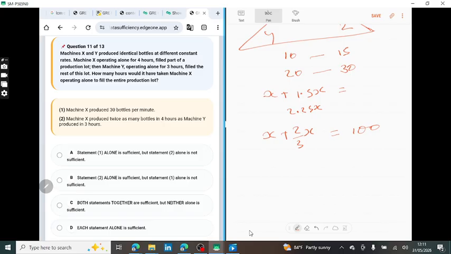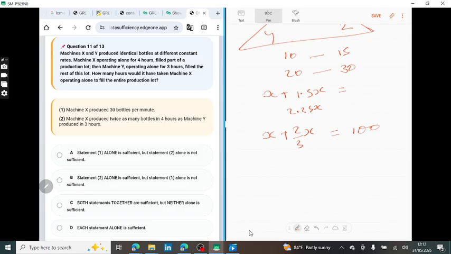Then by knowing how many bottles Y produced, since S can produce 30 bottles per minute, we could find the time. Statement 1 is not sufficient.